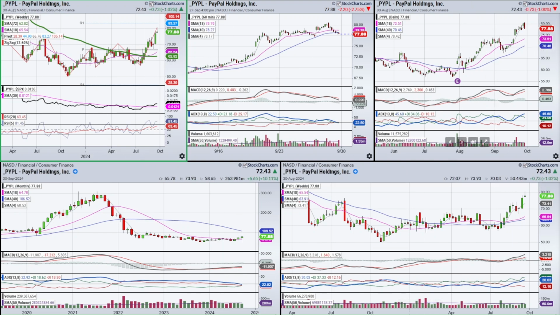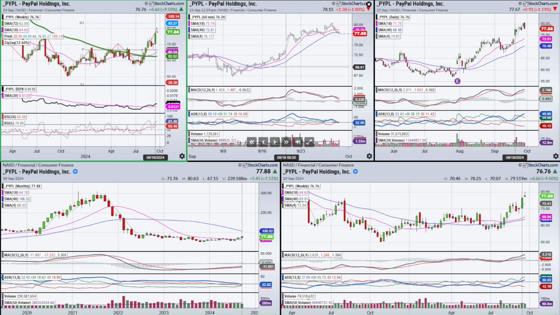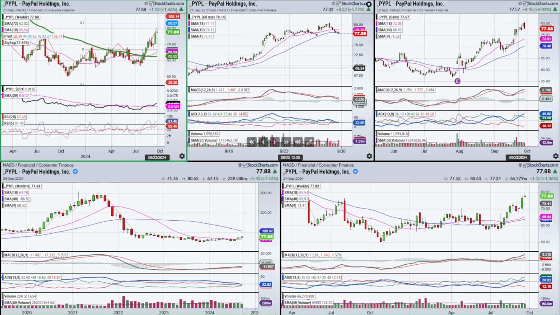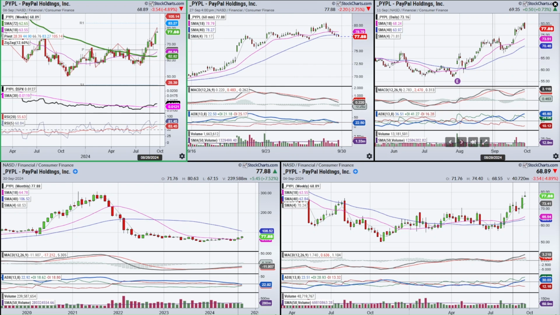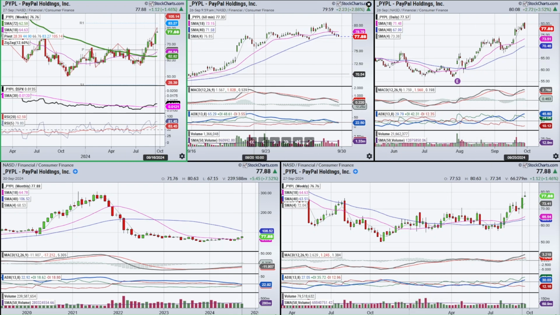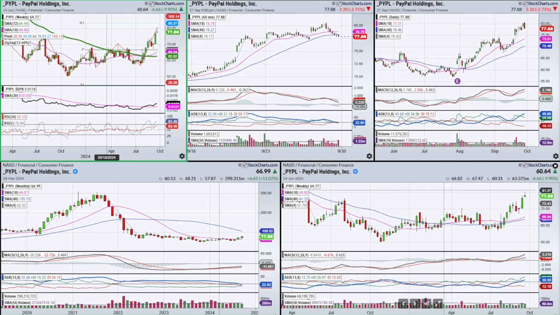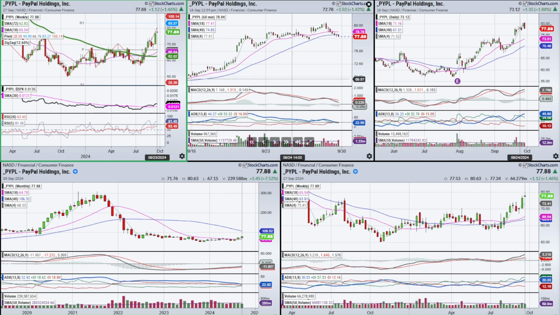So your option is, okay, I've gotten this little dip. I'm in support. I could play it with a daily, hourly signal. I could go down to the hourly chart and look for a trigger. But what I find is a lot of guys just don't have the time to go down to the intraday time frames, and they don't want to sit there and watch the hourly go by.